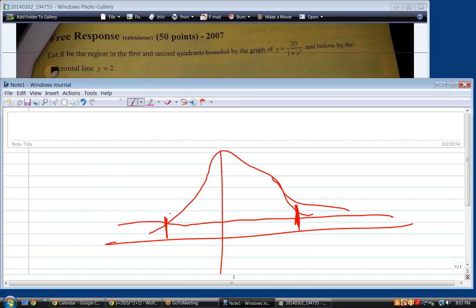How do we find out where? What is that x value and what is that x value? I could graph that. Well, you don't even need to graph it. Just plug in y equals 2 and solve for x.